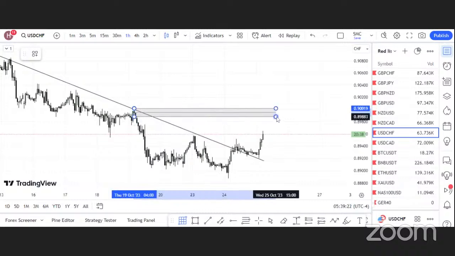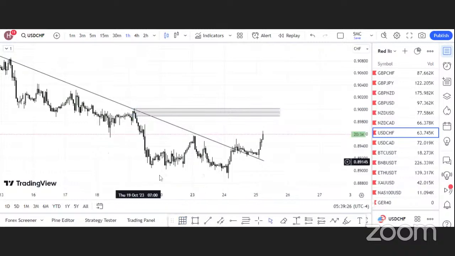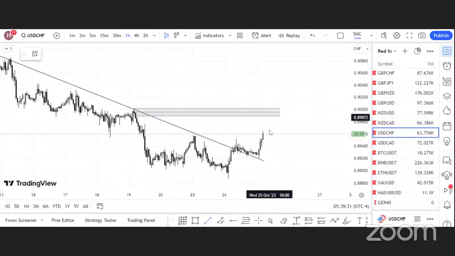So let's mark out the other block and the fair value gap zone. I think if this market would move up, it will come to this area and then go down a bit, right?